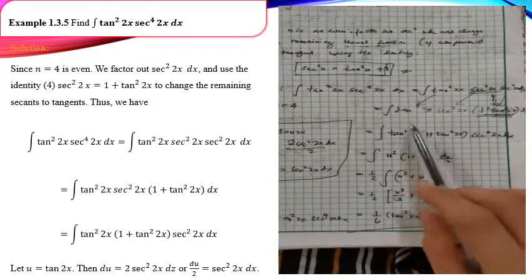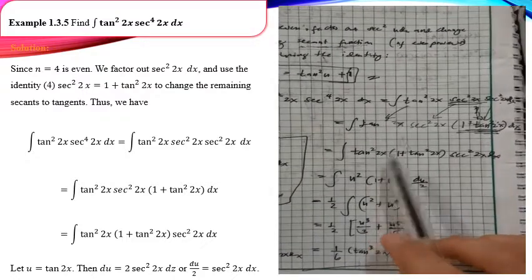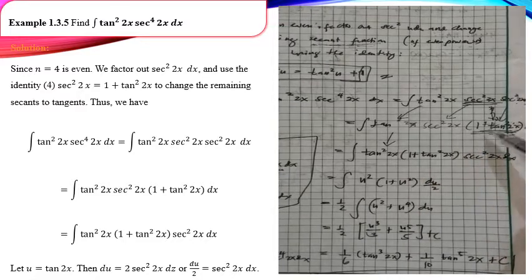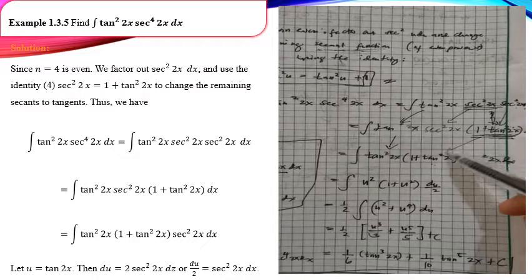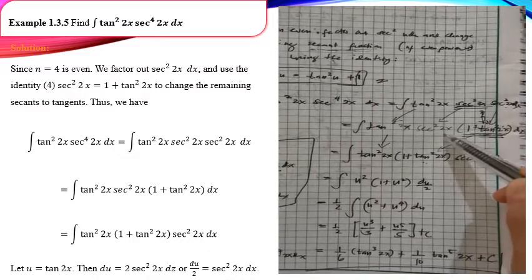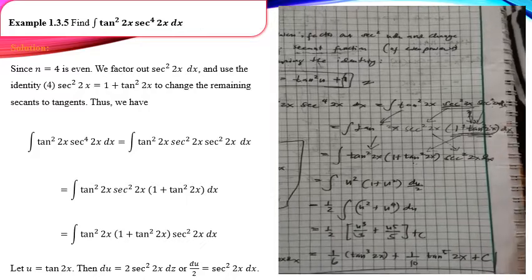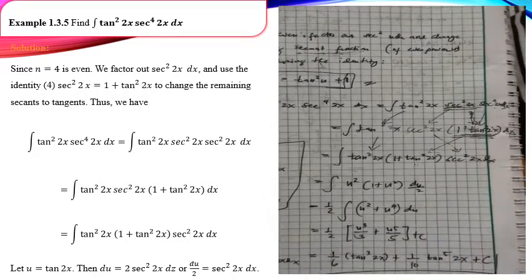Okay, so rearrange lang natin to. Okay, so we have tangent 2x quantity squared. Okay, so bring down natin siya. And then eto, pinauna ko lang dito ko siya nilagay, and then nilagay ko sa dulo sa secant squared 2x para maidikit siya doon sa dx para ito yung papalitan natin ng du over 2.